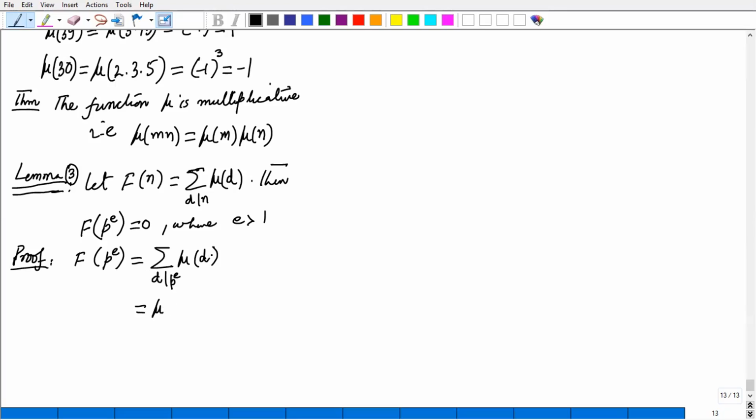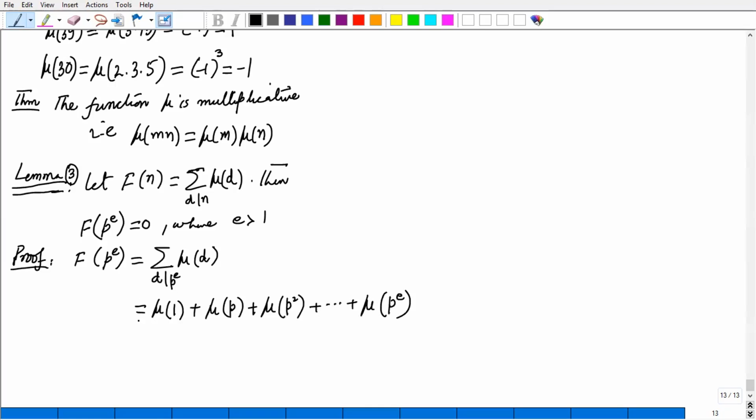So this will be mu of 1 plus mu of p plus mu of p square till mu of p to the power e.